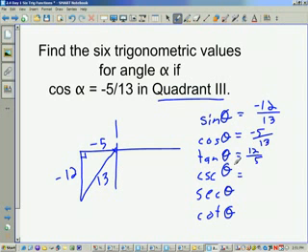The negatives will cancel out. Cosecant is 13 over negative 12, so we just throw the negative on the outside. You should never put a negative in the denominator. Secant is 13 over the adjacent, which is negative 5, and cotangent is 5 over 12.